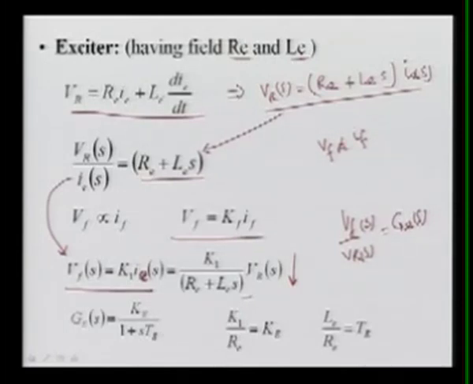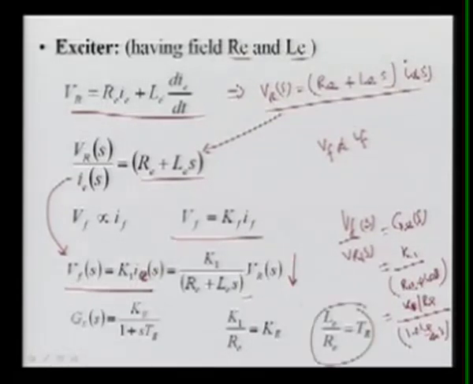It is K1 over RE plus LES, or if we divide by RE in both, K1 divided by RE over 1 plus LE upon RE times S. What is this LE upon RE? It is the time constant of the excitation winding, the field winding basically, and this is some gain. So we can write the transfer function of the excitation winding.